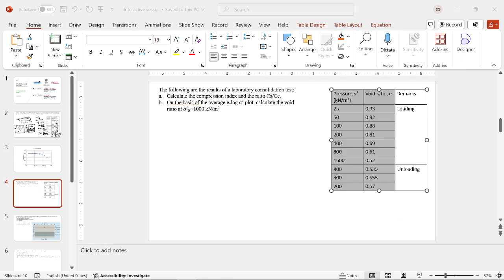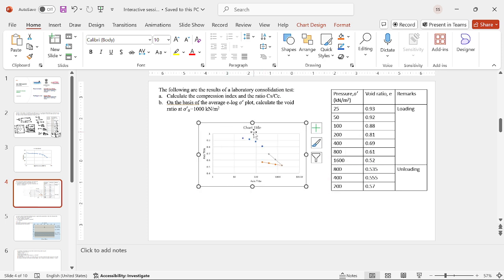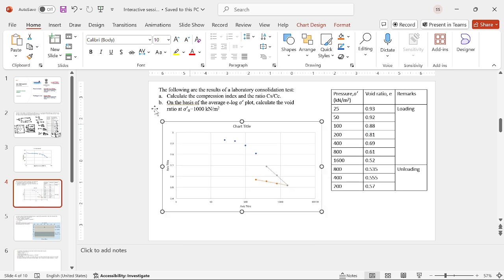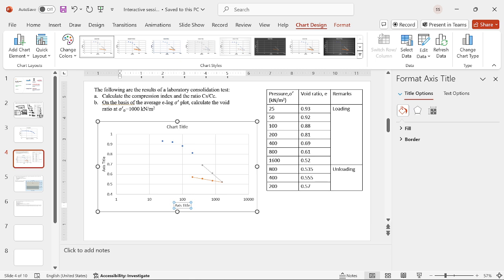So let us translate it back to our slide with the diagram. Copy this. I just paste it here. I did not write the axis titles.